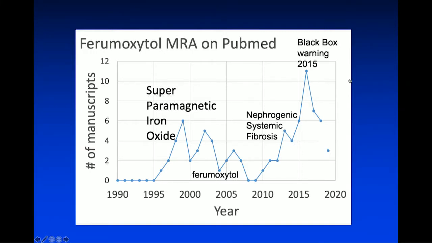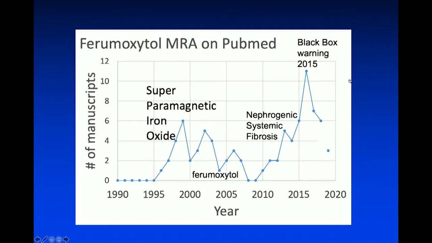But then around 2015, a black box warning came out because of an excessive number of reactions, presumed allergic type, and a fairly large number of deaths. And the bolus administration was banned, and extra precautions are recommended when using this.